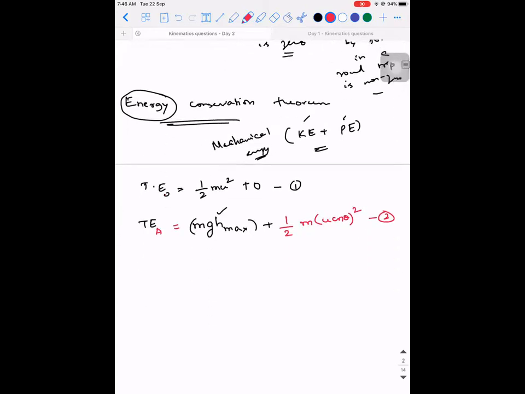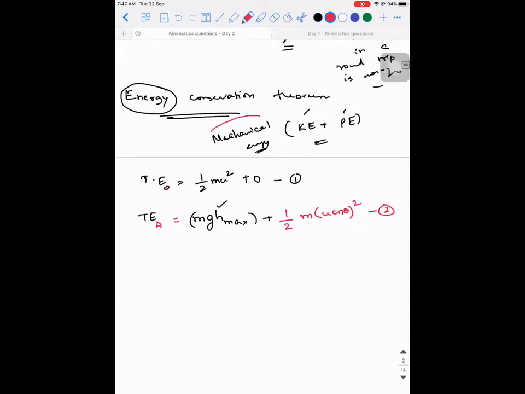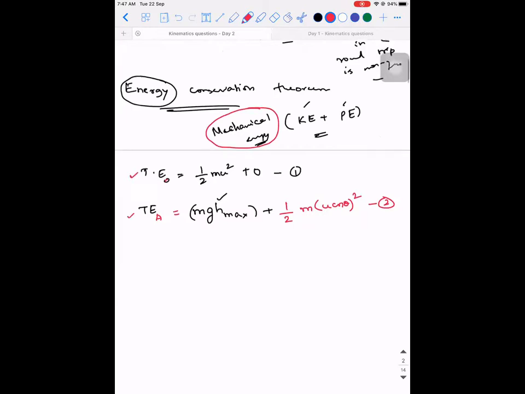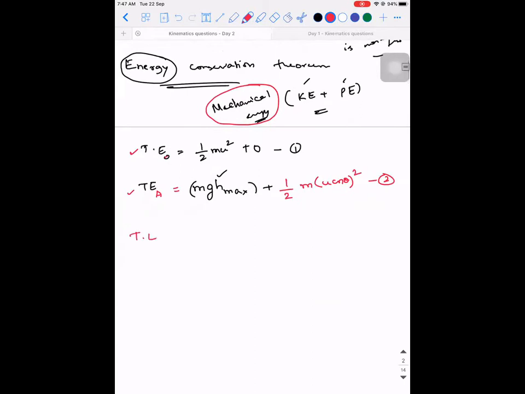Rahul, is there a doubt? No, sir. Okay. I'm talking about total mechanical energy. Since the force acting on the system is conservative in nature, can I put a statement like this? Total energy at point O is equal to the total energy at point A. Accepted.